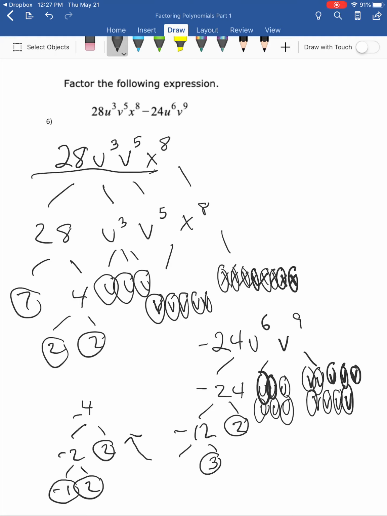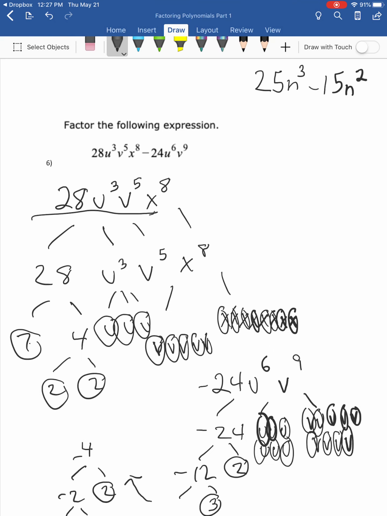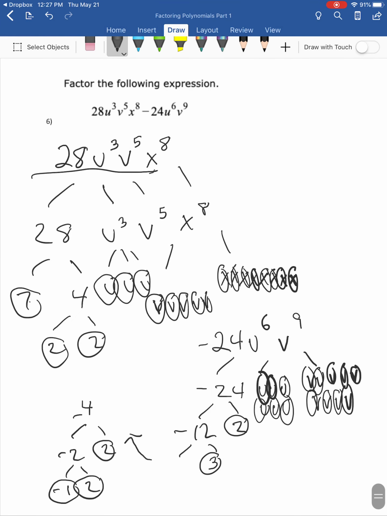Okay, let's see what they have in common. All right, this has a 7. The 28 has a 7. The bottom one does not.